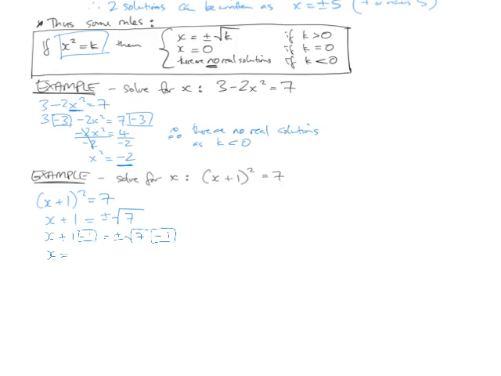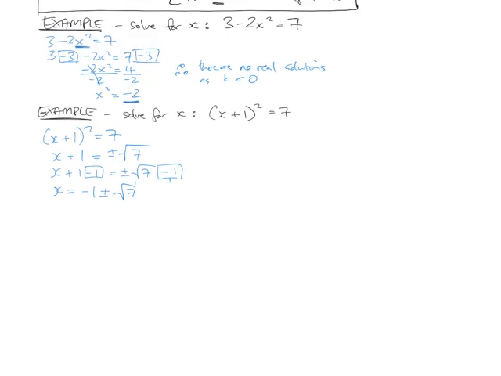You should always write the square roots at the end. You would write negative 1, because that's what we have here, a negative 1 term, and the plus or minus square root of 7 term. Negative 1 plus or minus the square root of 7. So the answer is going to be either negative 1 plus square root of 7 or negative 1 take the square root of 7.